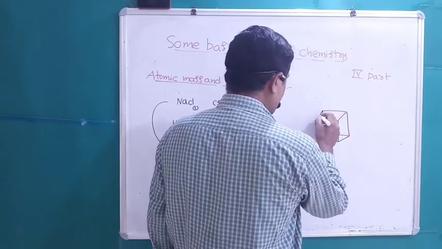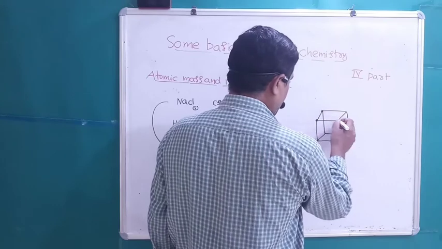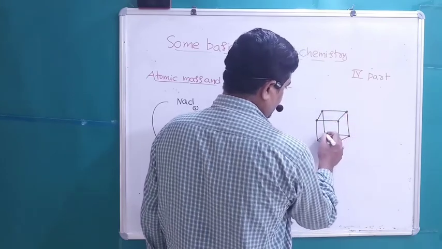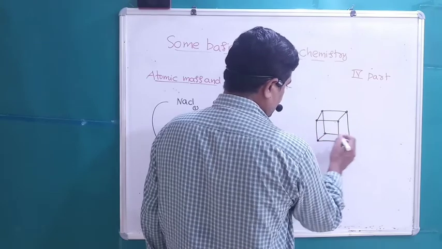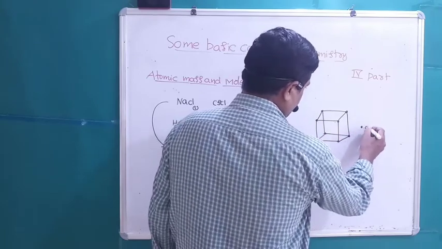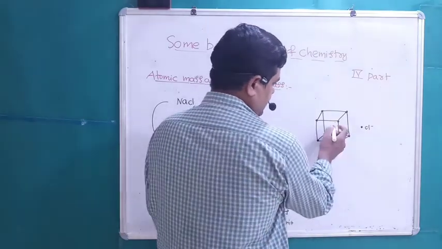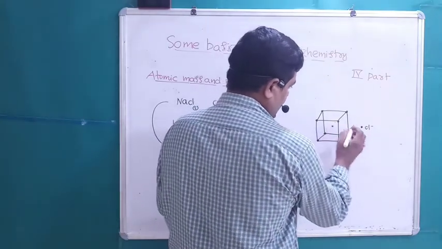Here 8 corners of the cube are occupied by 8 Cl minus ions. These are Cl minus. And the Cs plus I am indicating, 1 is present only at the body center.